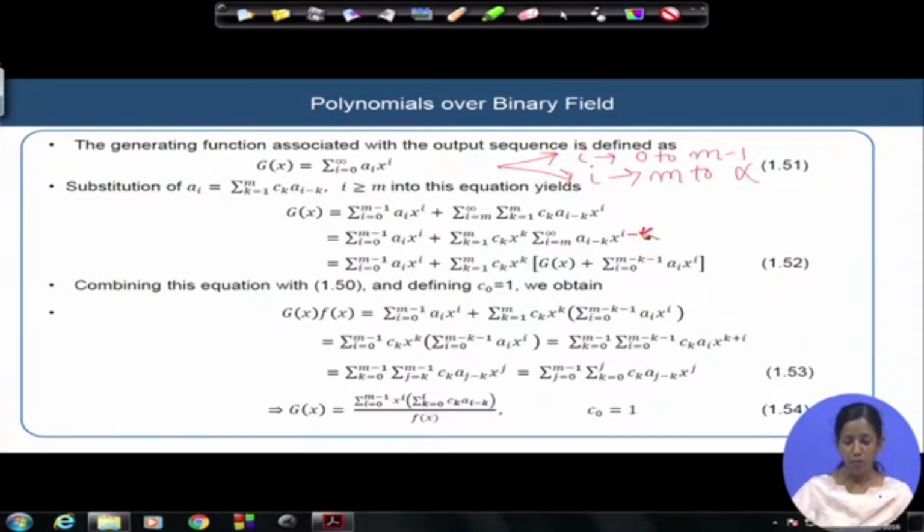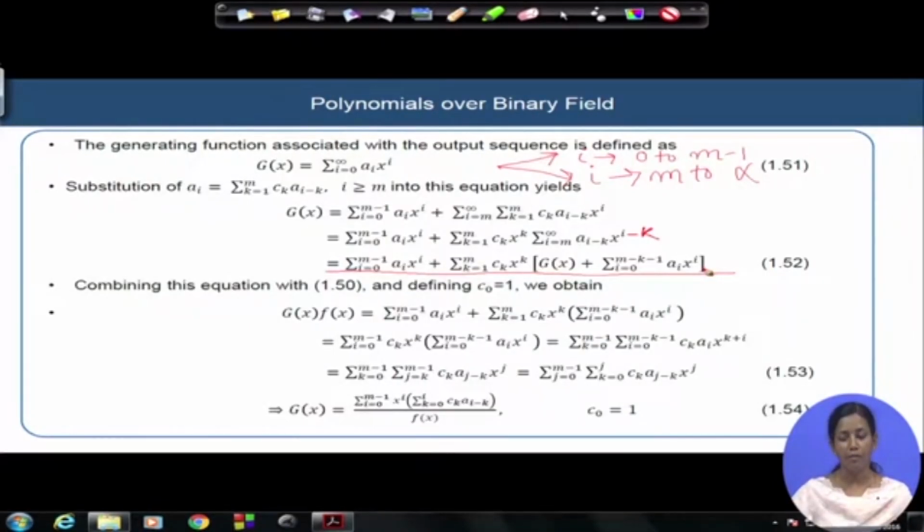Now, this expression written inside I can rewrite in the form of g x, if I include the terms coming between 0 and m, where i is not exactly i, it is i minus k. If I substitute that, it will go up to m minus k minus 1, and all those terms come down to a i x to the power i, with i varying from 0 to this limit. So, this is a classic equation that we are ending up with here.